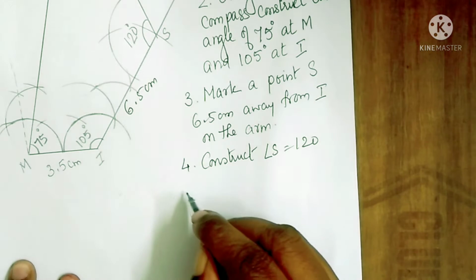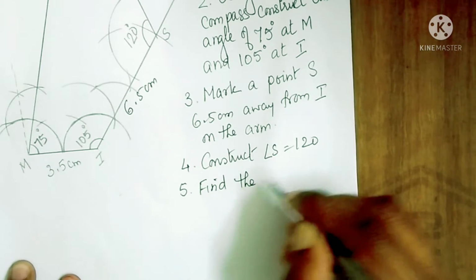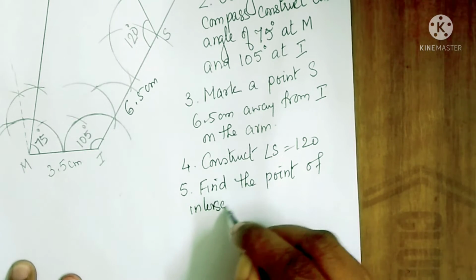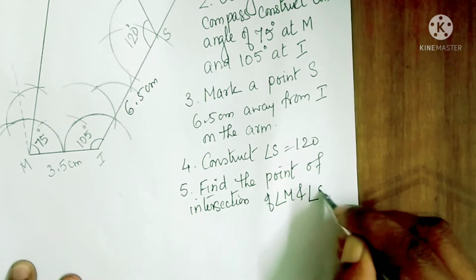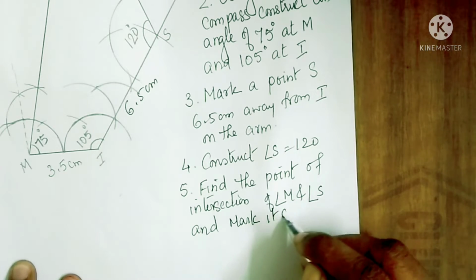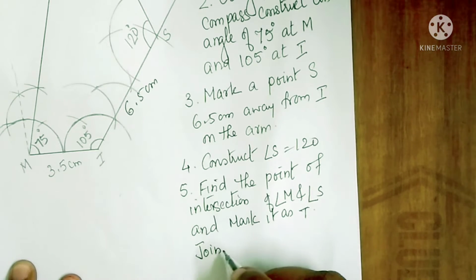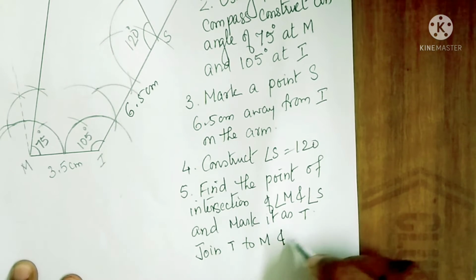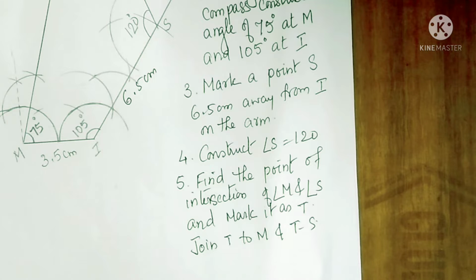And then find the point of intersection of angle M and angle S and mark it as T. Then join T to M and T to S. It is already joined, but just mark it. So these are the complete steps.